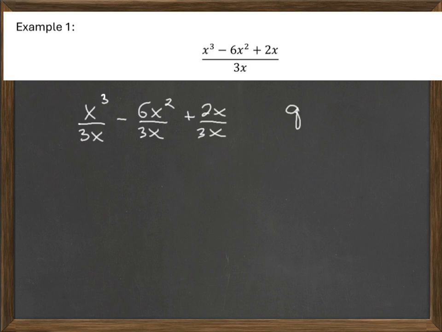So this is the part where we have to use, you might remember, the quotient rule of exponents. And so remember, if we have a to the m divided by a to the n power, we have to subtract our exponents. So let's go ahead and put a 1 on all of the x's so we can remember what exponent is there.